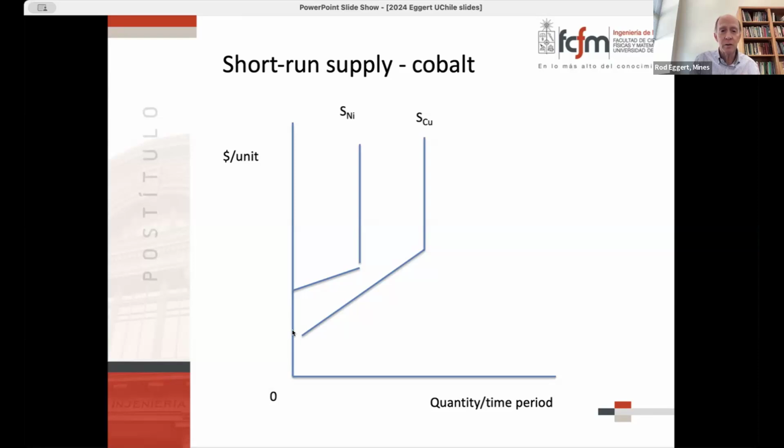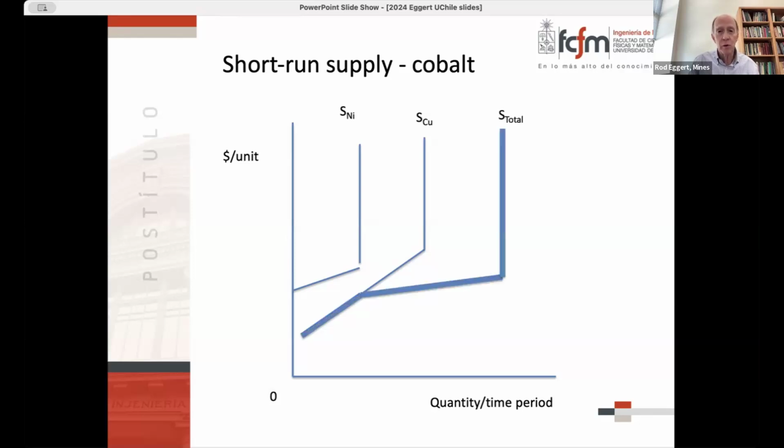Only at this price, when it becomes commercially viable for copper mines to supply cobalt. Between this price and this price, copper mines will be the only source of cobalt because price is not high enough to encourage nickel mines to recover and sell cobalt. But at this price and at higher prices, cobalt will come both from nickel mines and from copper mines.